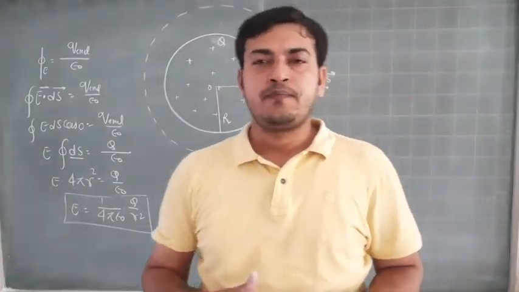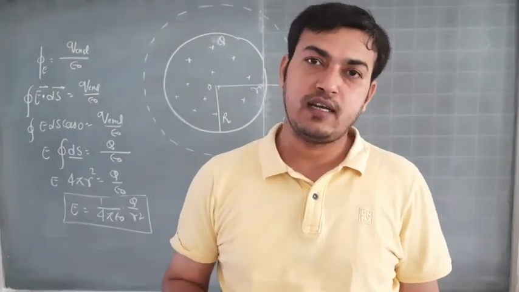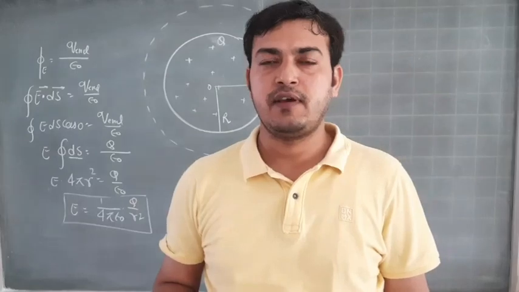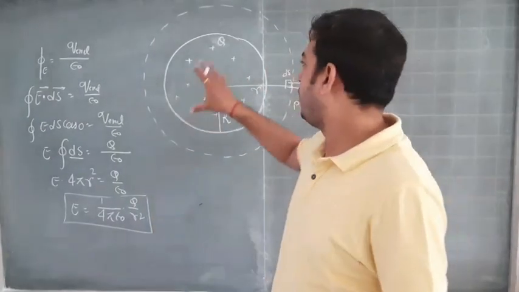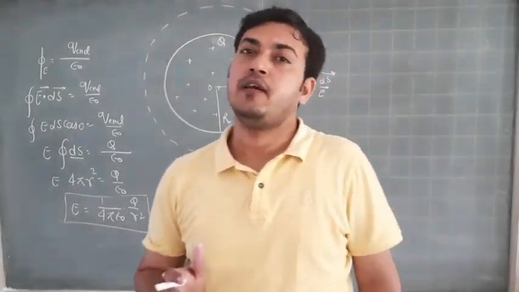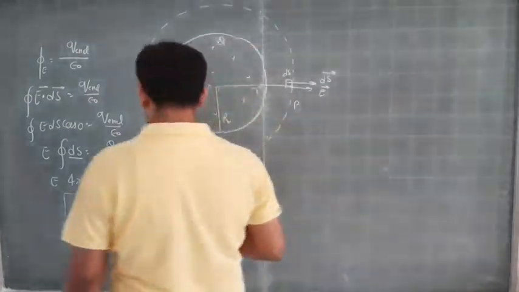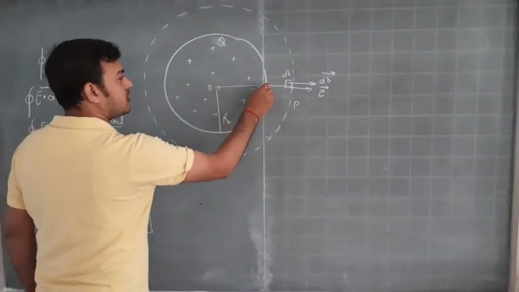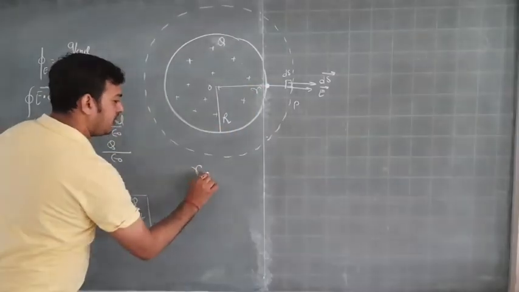So we have seen that for a point outside the charged shell, conducting sphere or non-conducting sphere, the sphere behaves just as if its whole charge is concentrated at its center, and this property may be utilized in solving numerical problems.